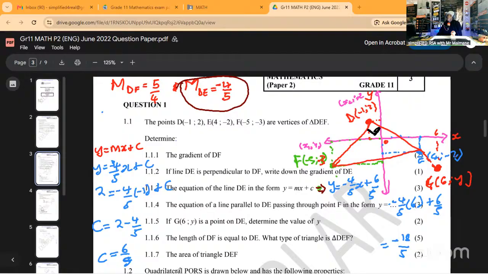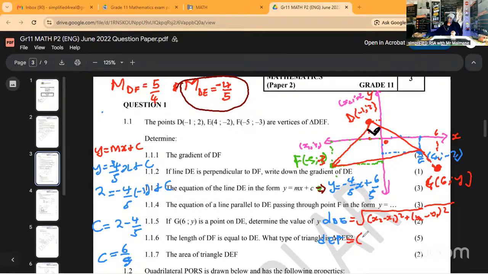Yeah, you don't just say they are an isosceles triangle. You have to get the distance of each. So you must find the distance of DE as well as the distance of DF. And you remember the distance formula, right? With the distance formula, it's the square root of x2 minus x1 squared plus y2 minus y1 squared.